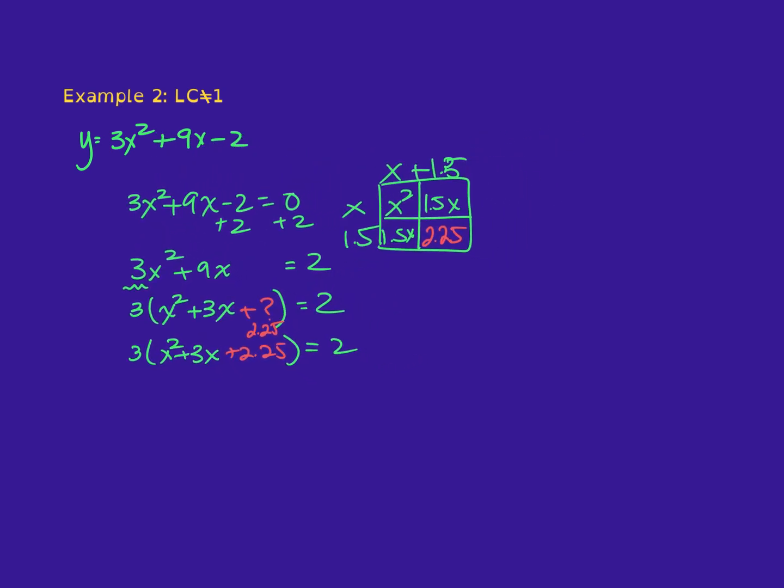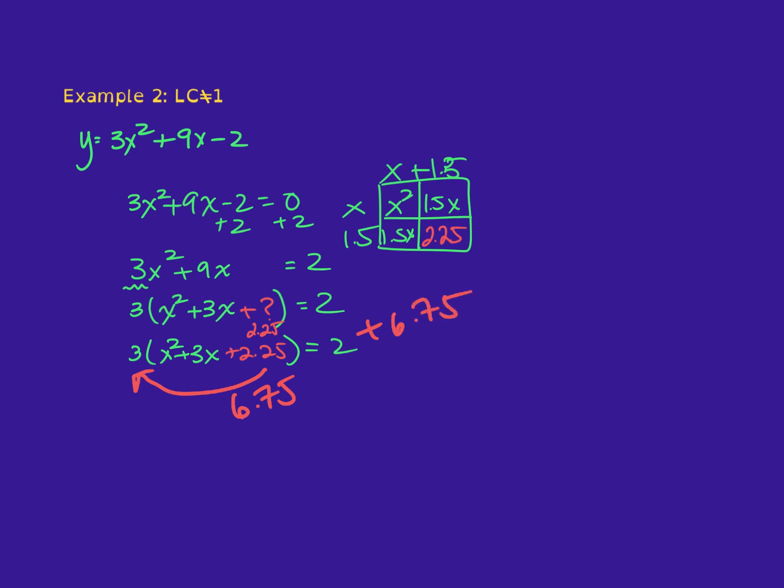Now, before I add my 2.25 on the other side, I do have to multiply it by 3. So 2.25 times 3 will be 6.75, right? So we know we have to add 6.75 on this side.